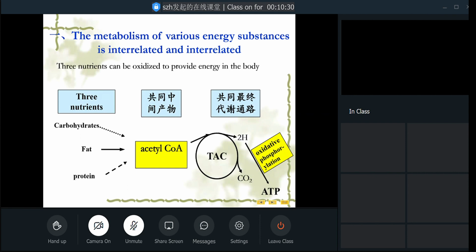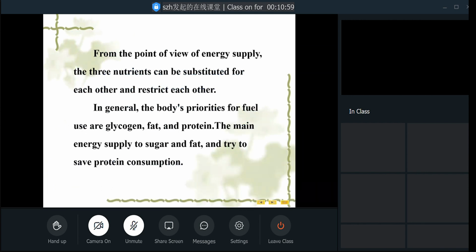Here you can see three nutrients: carbohydrate, fat, and protein. They can be oxidized to produce energy in the body, with the common pathway through the citric acid cycle and oxidative phosphorylation, and form common intermediate products. The three nutrients can be substituted for each other and restrict each other.